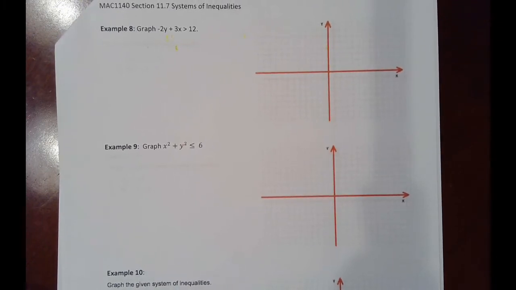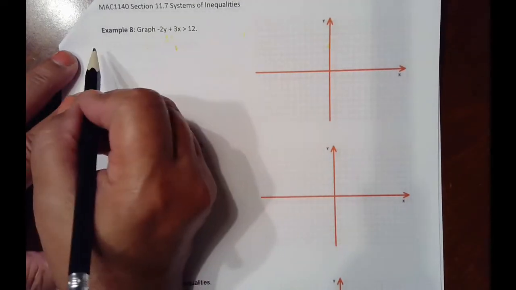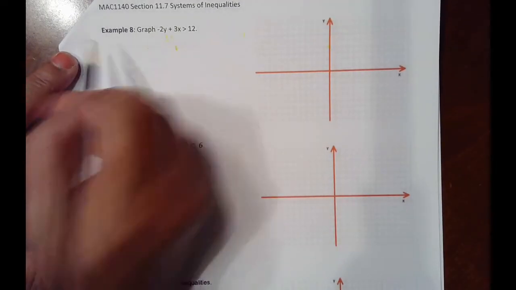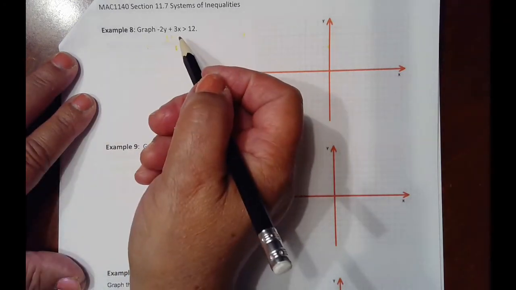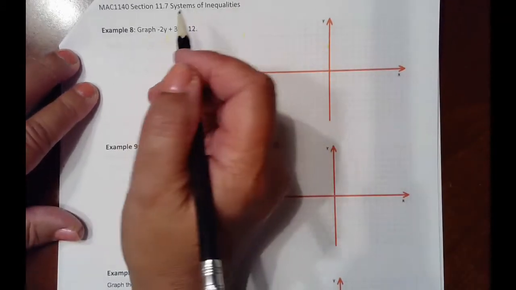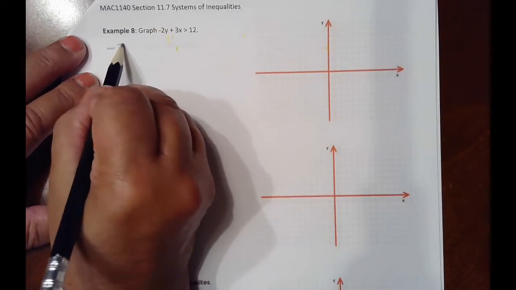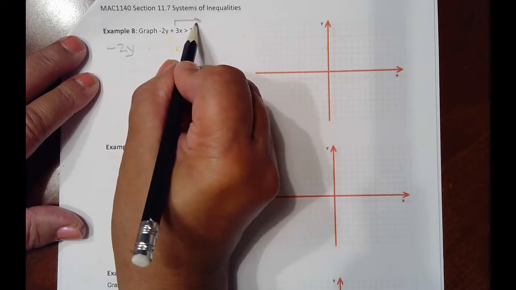So in example 8, again, we have both x and y in the problem, and you're going to solve this. And if you don't want to write it with the equal sign to begin with, you can just go right to the solution for the inequality and understand that you're graphing this as though it were a linear equation. So you could leave the 2y here, pull the 3x to the other side.